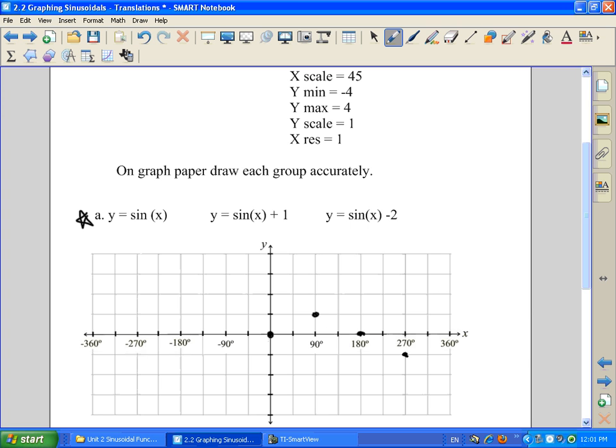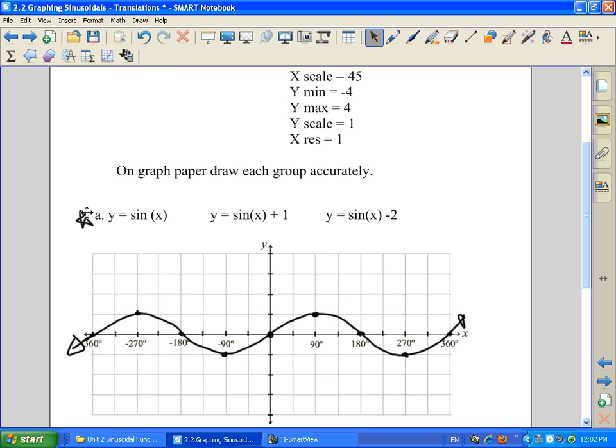That pattern continues. Just remember, it's a continuous function, so we draw it all the way through, a nice curve, and make sure you have arrows at both ends. Okay, so that's our sine x curve.